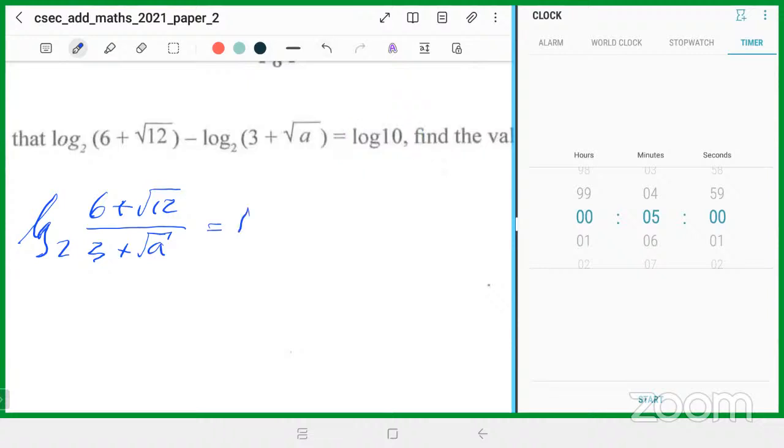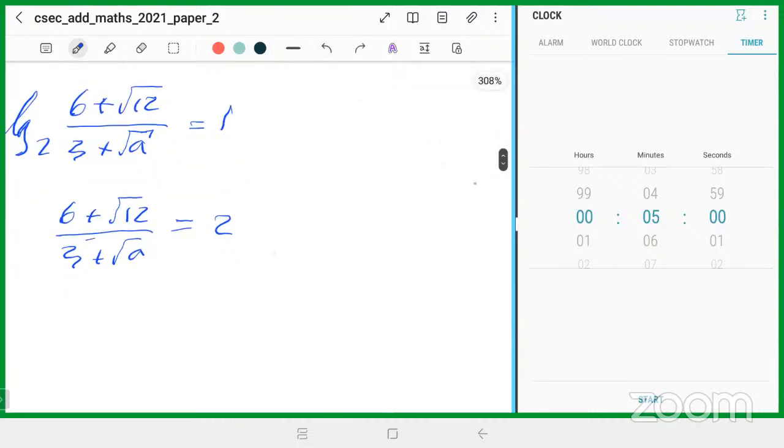Log of 10 is 1. It therefore means, since the log of a number to a base is 1, the number is equal to the base. So we're going to have 6 plus root 12 over 3 plus root a is equal to 2. This log on this base is the same as equal to 1.